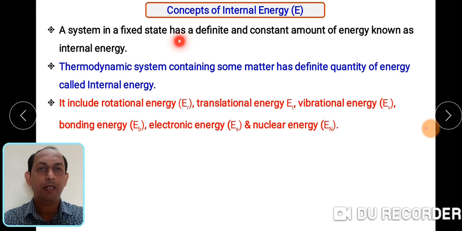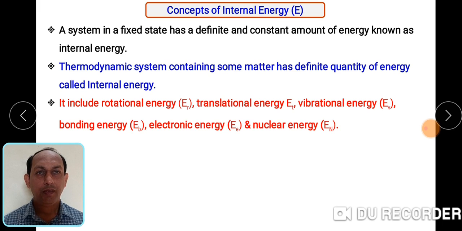As we know, a system in a fixed state has a definite and constant amount of energy, that is known as internal energy. हर एक सिस्टम की खुद की एक इंटरनल एनर्जी रहती है, because every system is having some matter, and that matter is having a definite amount of energy due to the atoms and molecules which are present.